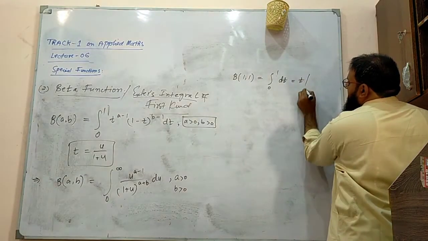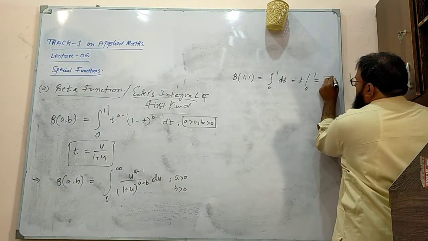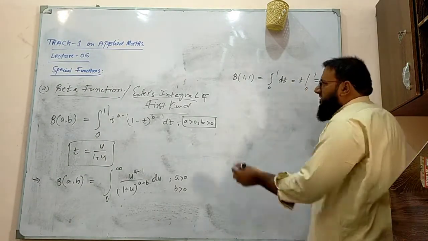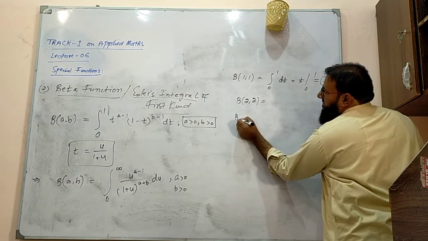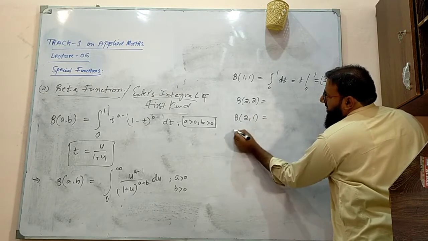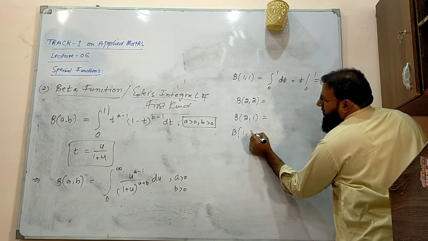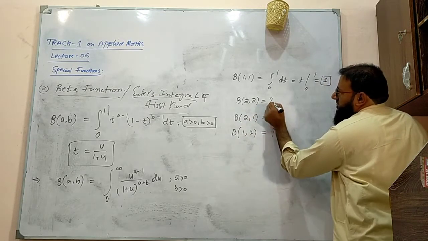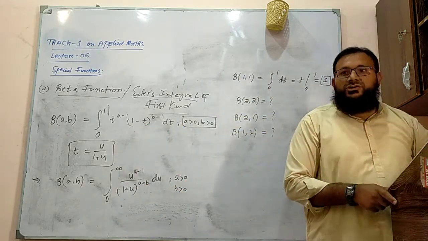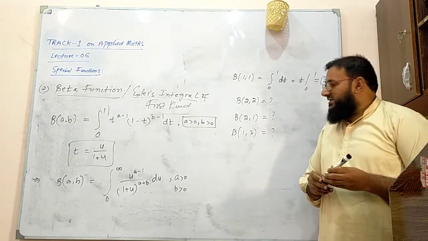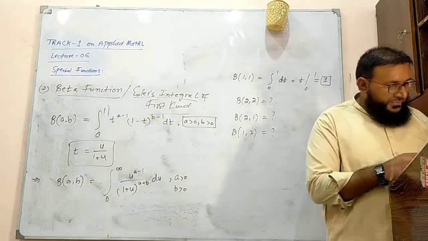So this becomes t from 0 to 1, so our answer is 1. Similarly, you can evaluate what is beta of 2 comma 2 and what is beta of 2 comma 1, and what is beta of 1 comma 2, and so on. These things are easily evaluated with the help of this integral. Only you should know how to evaluate integrals. Then this thing is not a big deal.